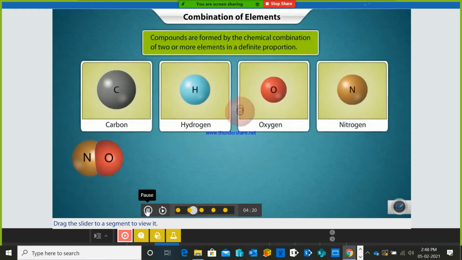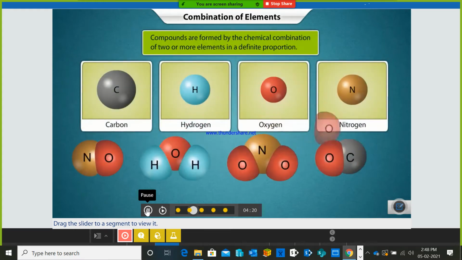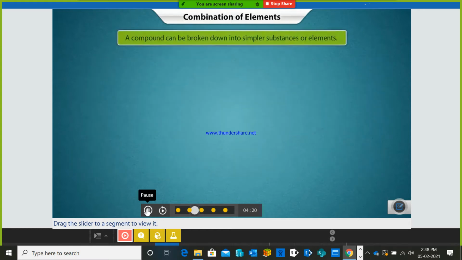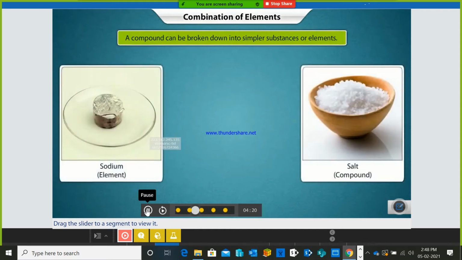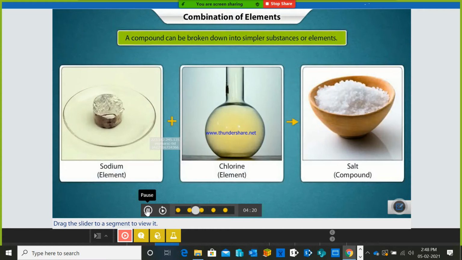Similarly, compounds are formed by the chemical combination of two or more elements in a definite proportion by mass. For example, salt is formed when sodium atoms combine with chlorine atoms in a definite proportion. Here, salt is a compound, whereas sodium and chlorine are elements.